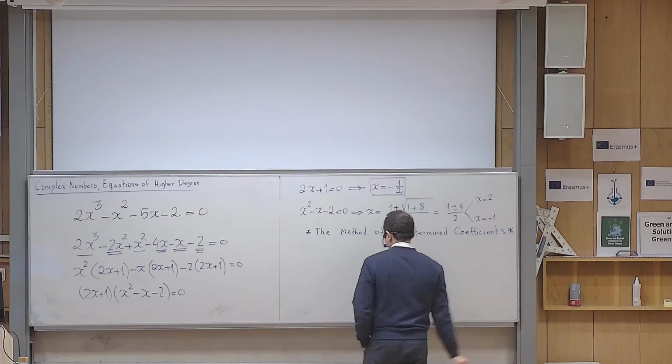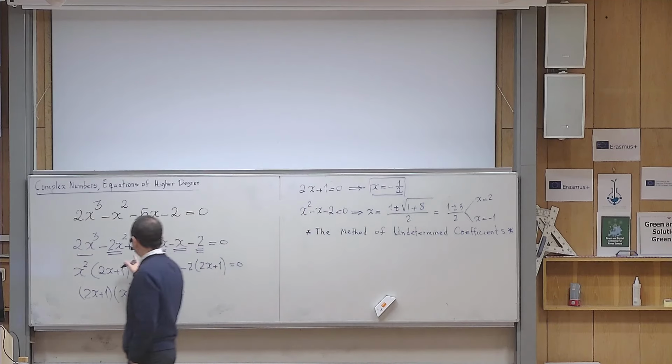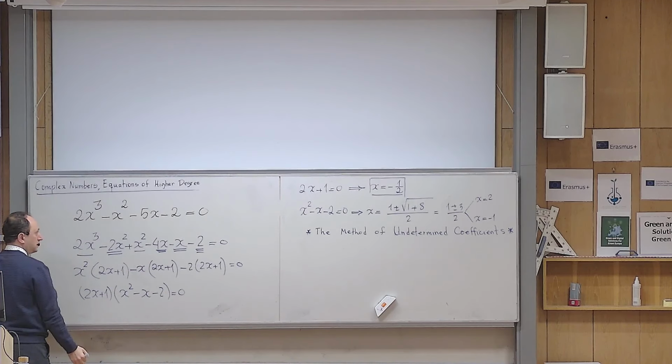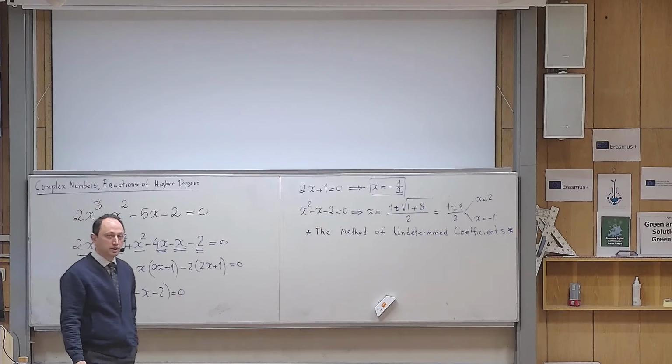Forget about the name. Let us say that you cannot find this out, that you have to do very strange things like I did here to factorize. What do you think about another way to factorize?